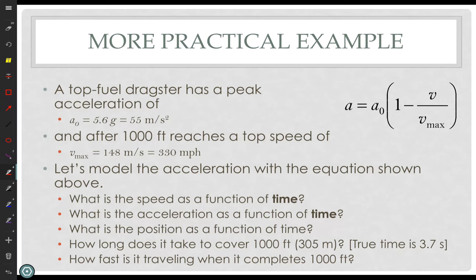It slows down your acceleration. So I made a simple equation that says acceleration is equal to your peak acceleration times 1 minus your speed over the maximum speed. It's a reasonable approximation.